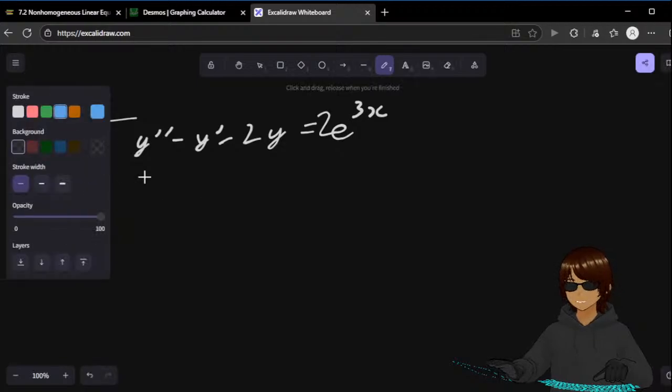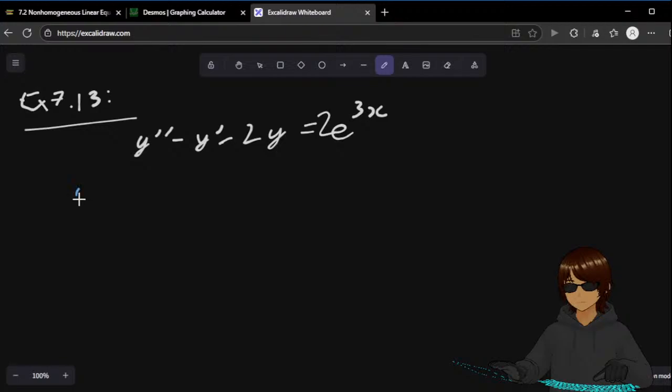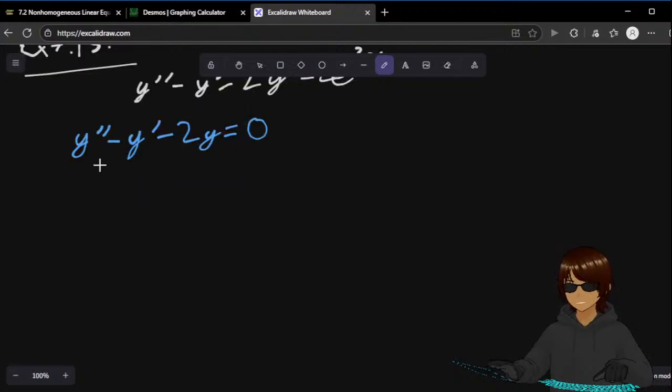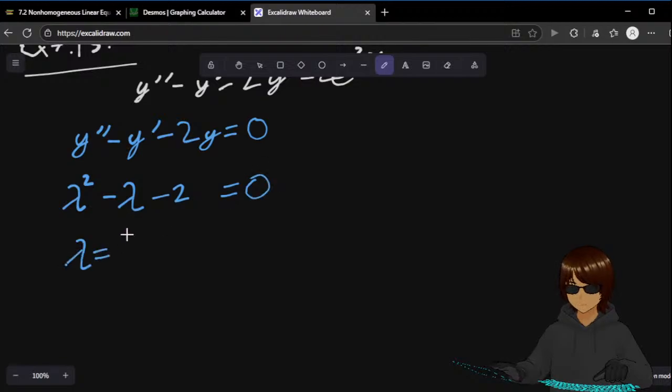Now, if this was the equation, then the general solution would be: lambda squared minus lambda minus 2 is equal to 0. Using the quadratic formula, minus b plus or minus the square root of b squared minus 4ac, over 2a.